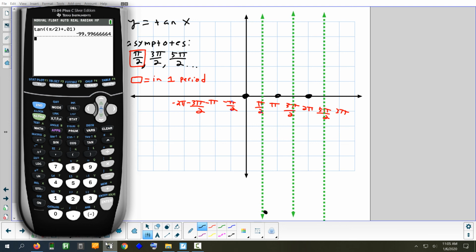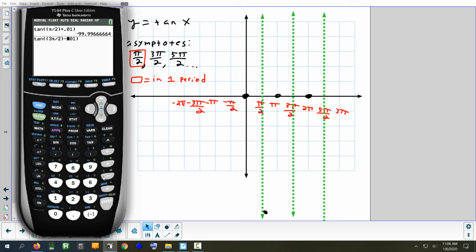Now, let's check just before 3 pi over 2. I'm going to go just a little smaller. Let's bring up the same thing we just typed in. I'm going to insert a 3. Now, I don't want to do plus 0.01 because that would put me after the asymptote. I want to stay inside it just to show you what it looks like.